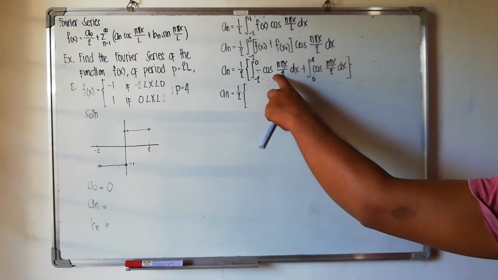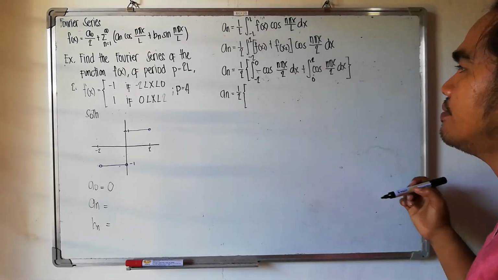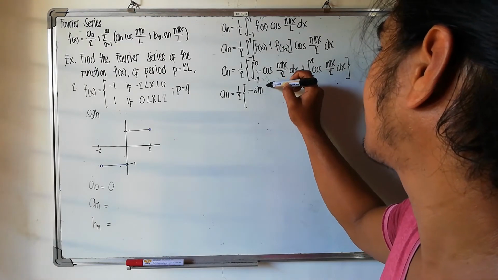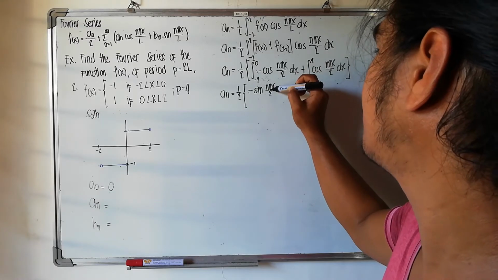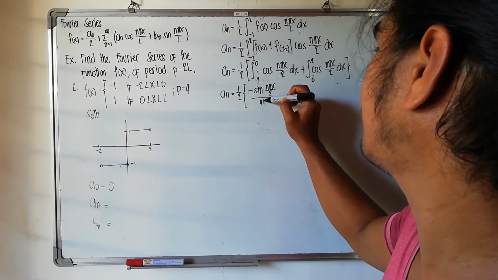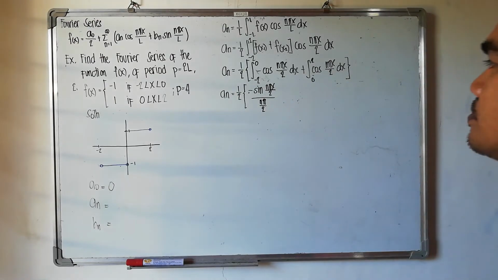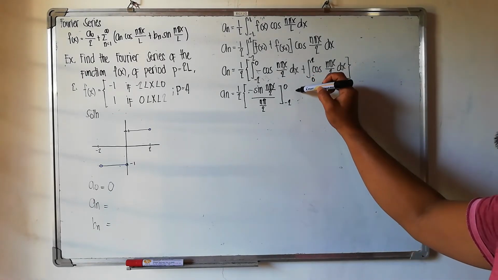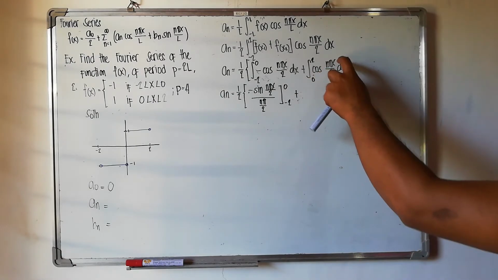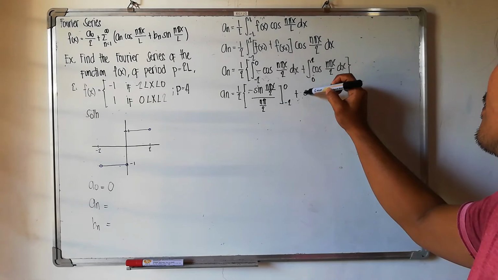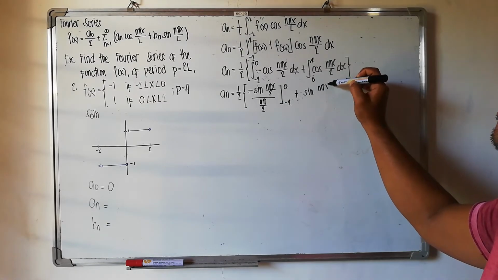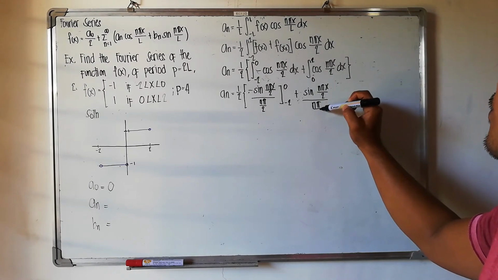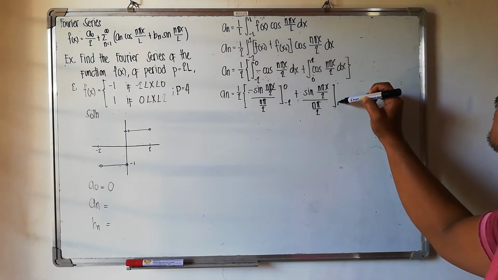The integral of negative cosine n pi x over 2, so that will be negative sine n pi x over 2 divided by n pi over 2, and that's the limit of negative 2 to 0, plus the integral of cosine n pi x over 2, so that will be sine n pi x over 2 divided by n pi over 2, limits of 0 to 2.